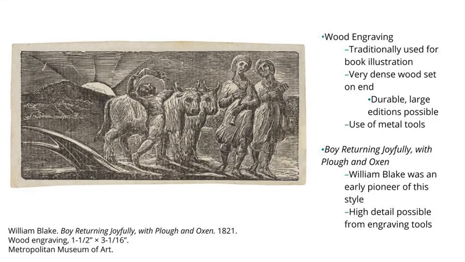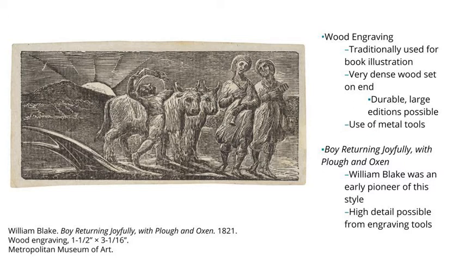Now let's talk about wood engraving, which is traditionally used for book illustration. For wood engraving, you use a very dense piece of wood set on its end. Because it's a dense piece of wood, having more wood behind it than woodcut pieces normally have, it'll be more durable.